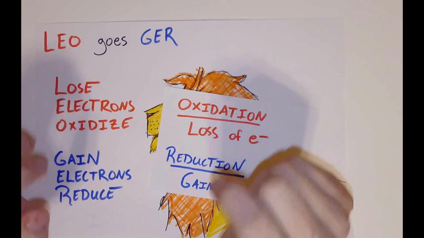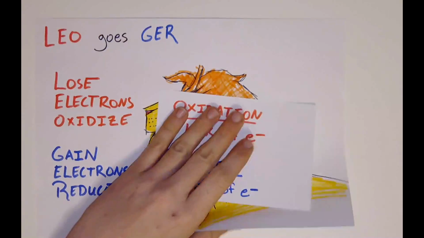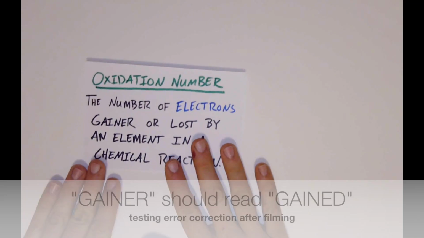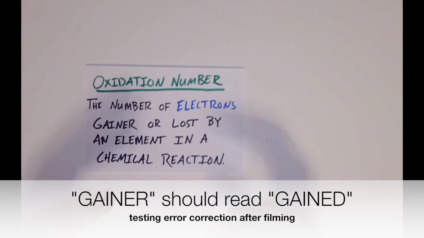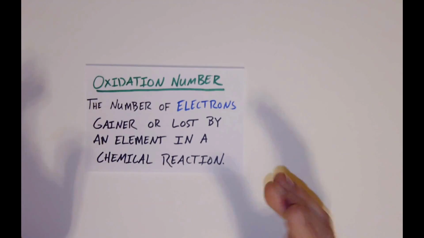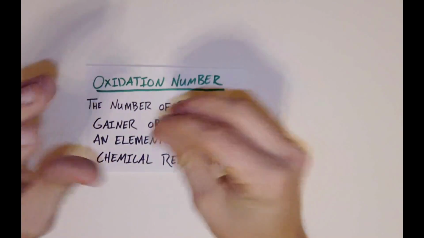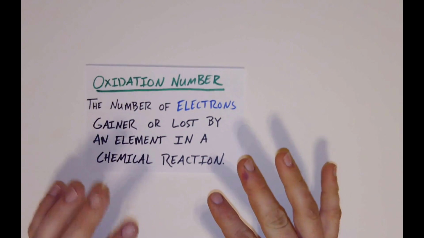Now, to do this, ultimately we're going to deal with something called an oxidation number. And this is where our game is going to start off for the next couple of weeks. An oxidation number is just a number we assign to an atom or an element, or however you want to think about it, one item within a chemical reaction that's going to describe the changes of the electrons inside of that reaction.